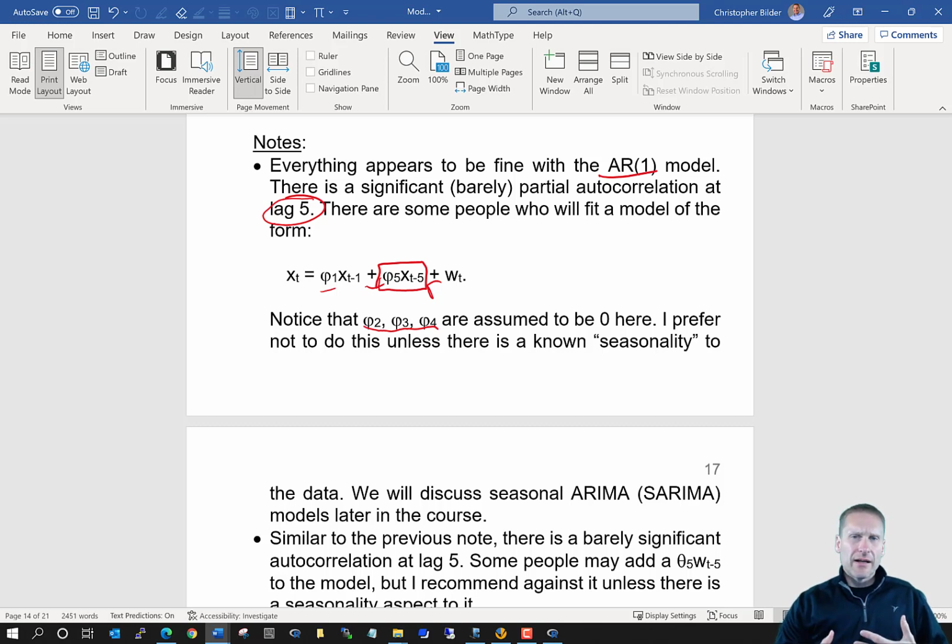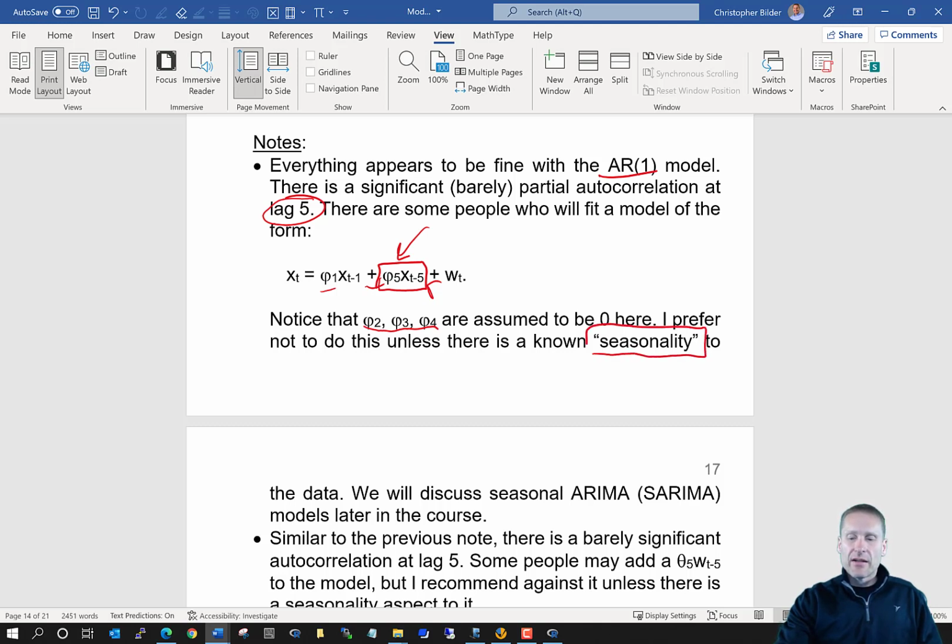Just due to the modeling approach, it's a reasonable thing to do. Because if you have phi 5, why don't you have that autocorrelation at lag 2, 3, and 4?